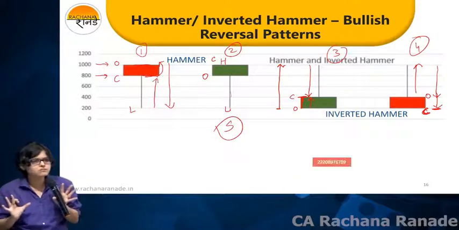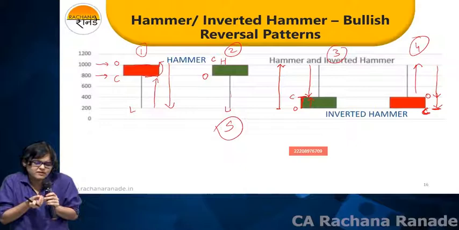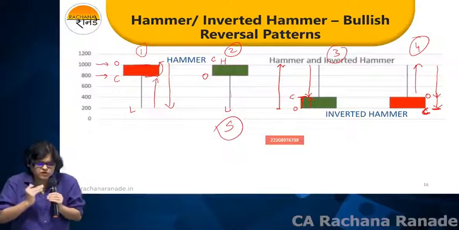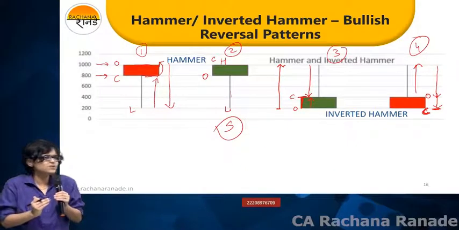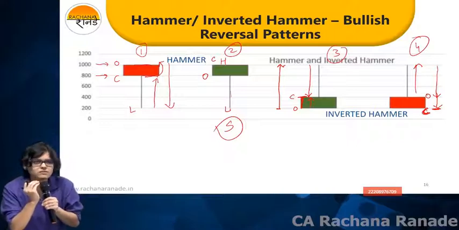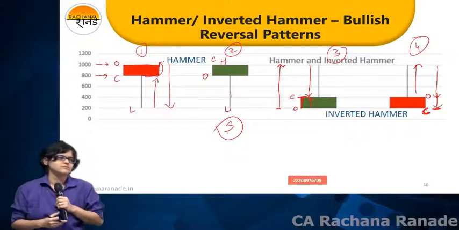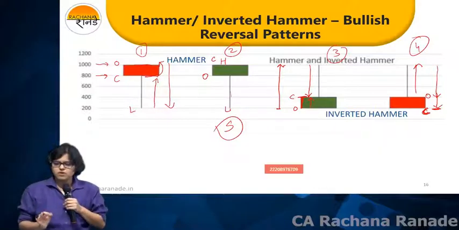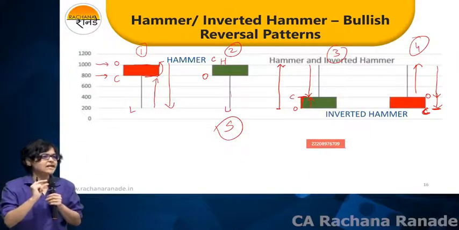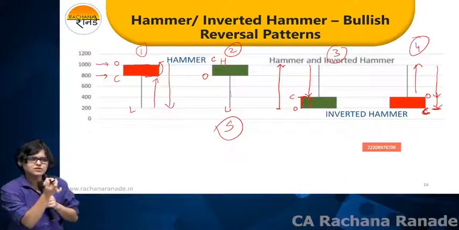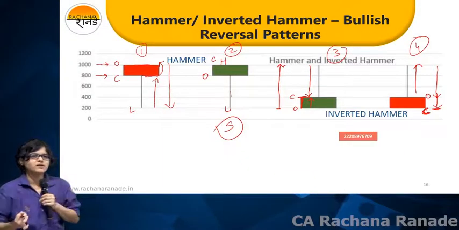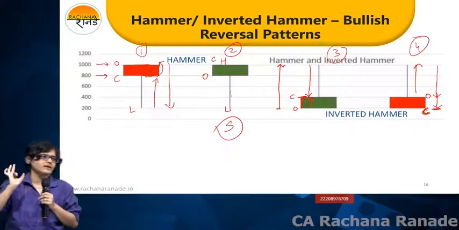All are similar. But if I ask you a little bit of difference, if I were to compare 1 versus 2, which one is a little bit better signal? Second. Among the third and fourth? Third. In simple words, an inverted hammer or a hammer formed with a green candle is a little bit stronger as compared to a hammer or inverted hammer with a red candle.